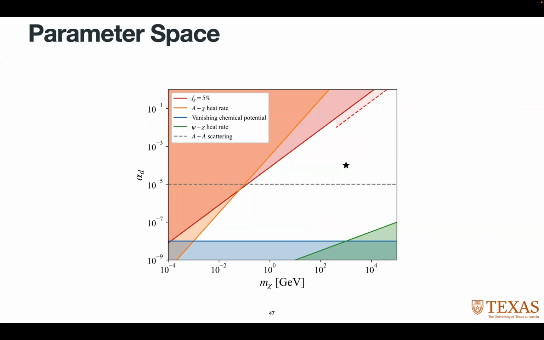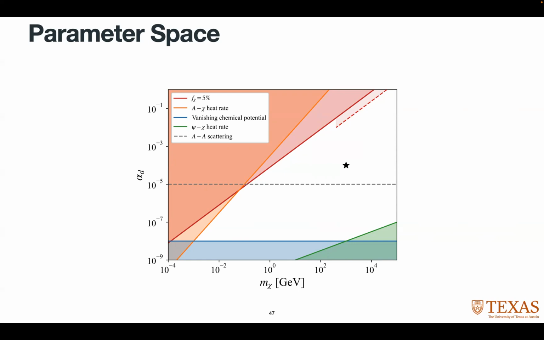So this is 1 TB, and we are thinking of the 1 TB as dark matter. Okay, but basically this white region is sort of allowed. It's not constrained by the others.